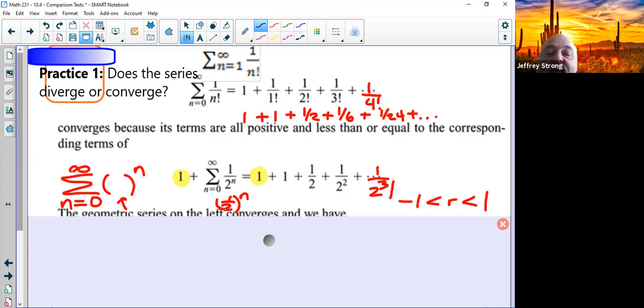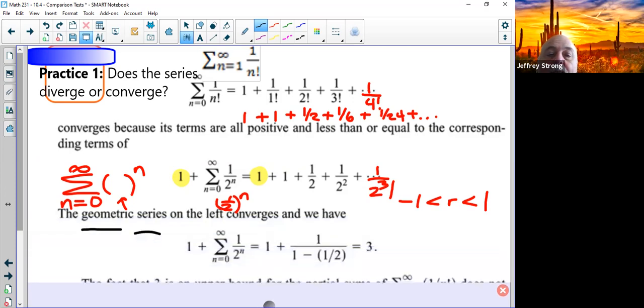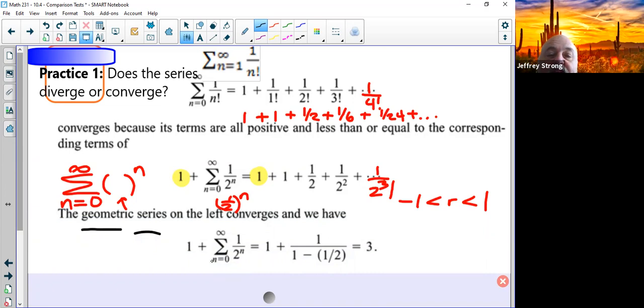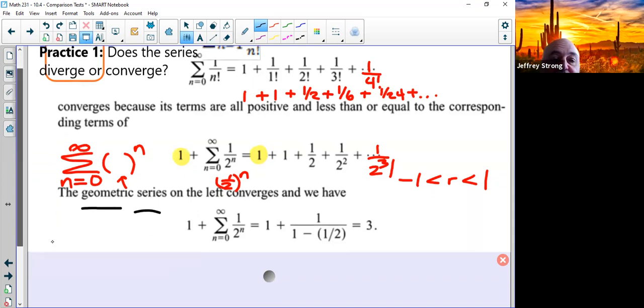So 1/2 to the n is going to be 1, 1/2. So 1/2 to the first is 1/2, and then 1/4, and so on. Okay.